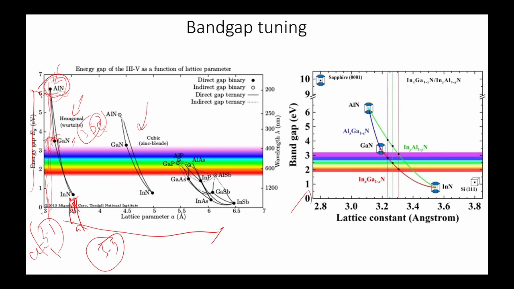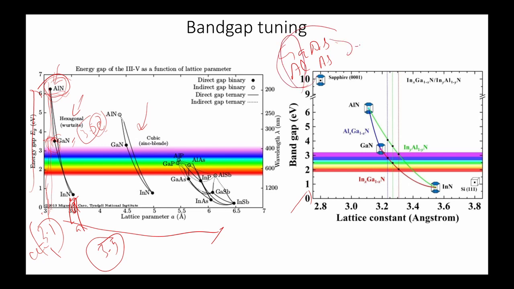The ternary semiconductors are those where, let us say, we have gallium arsenide and aluminum arsenide. Gallium and aluminum are from the same group.